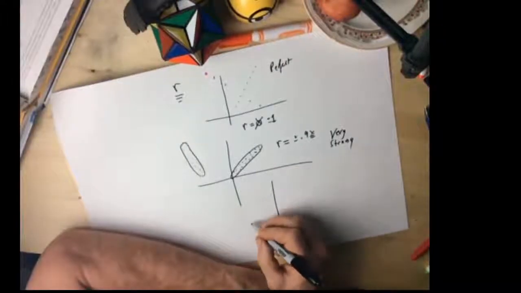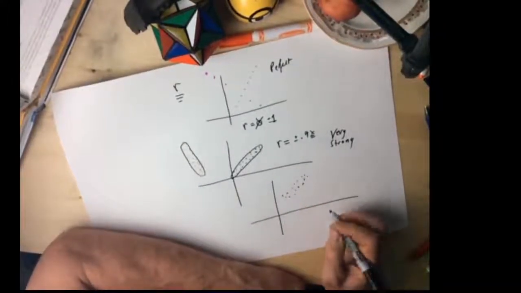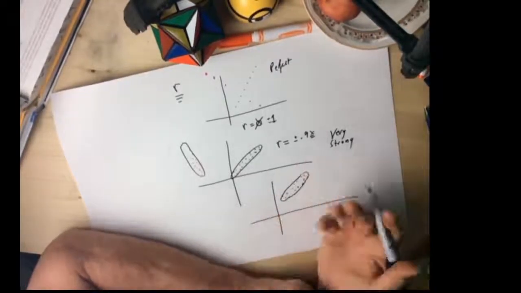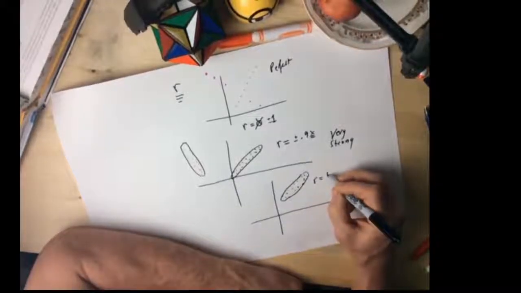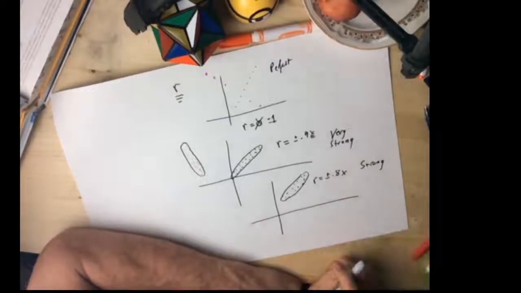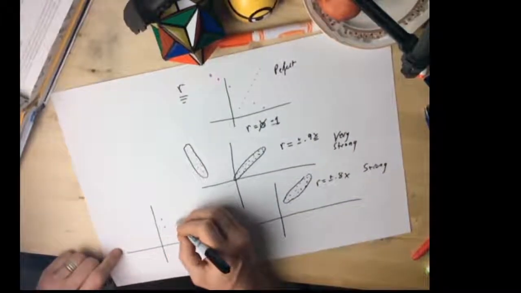So now I'm going to draw an r equals 0.8. And notice it's more like a bratwurst. And we call this strong. And now we'll go to a 0.7.